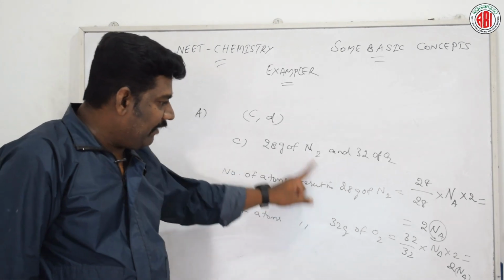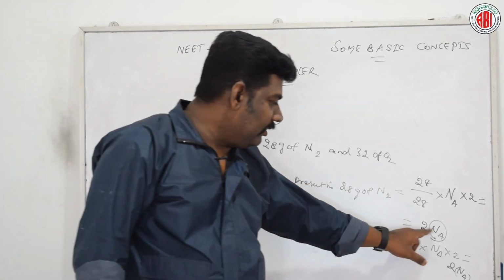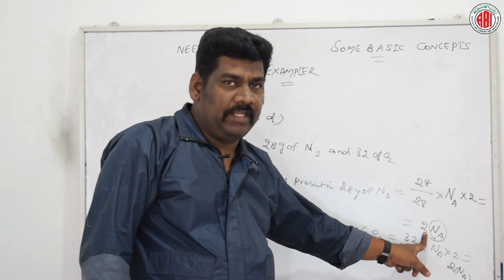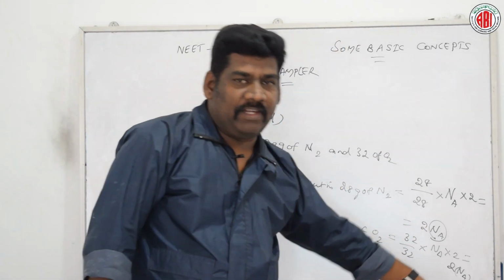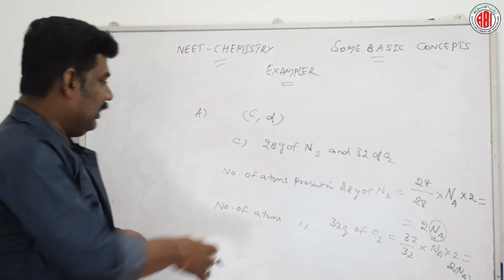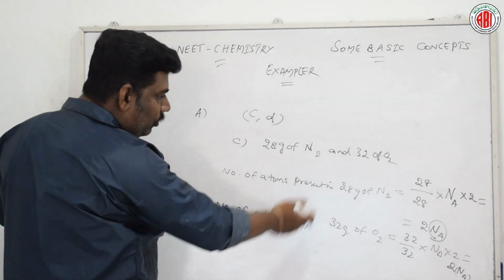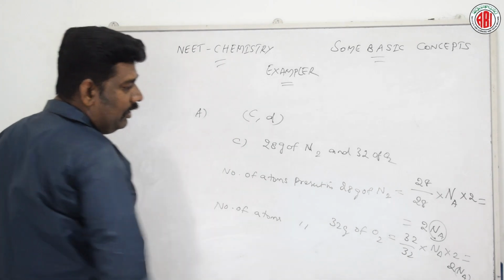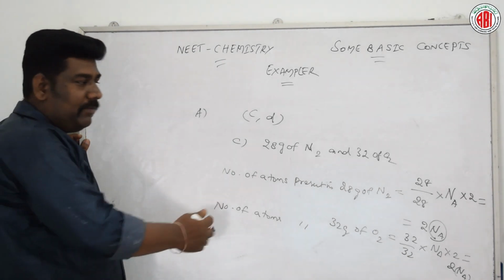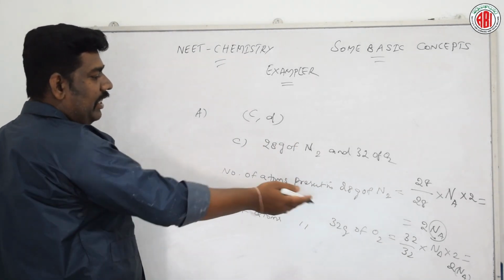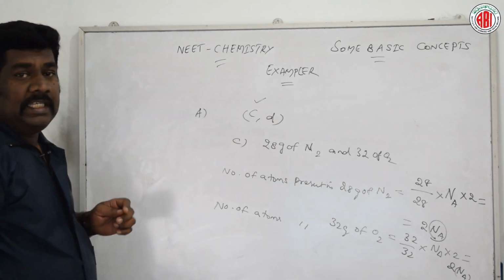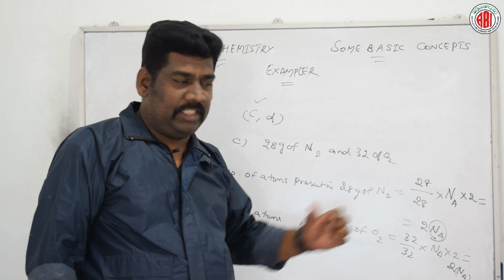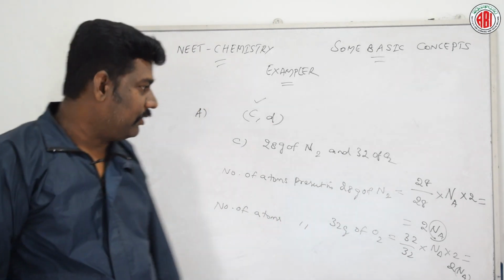So both have the same value, 2 into Avogadro number. That is why option C has the same number of atoms in both.